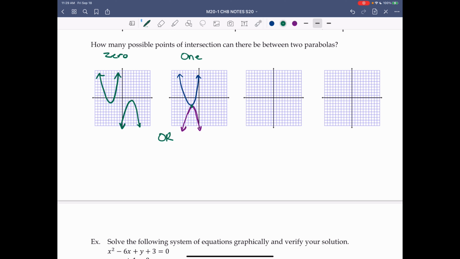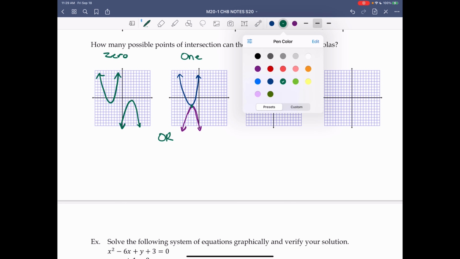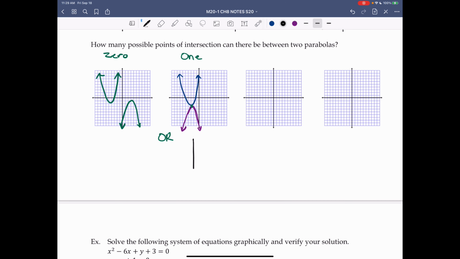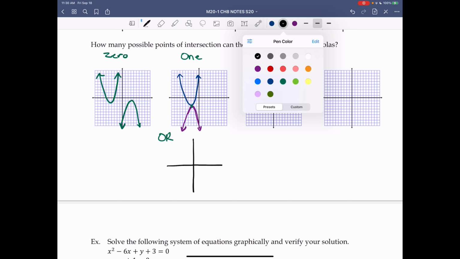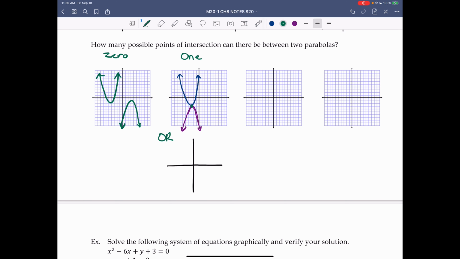Or we could also have, let me get a grid here. We could have where we've got both the parabolas opening the same direction. And they're essentially the same parabola. One's just shifted to the side.